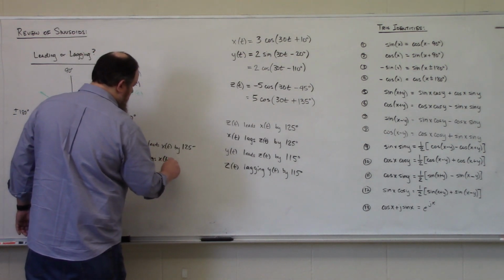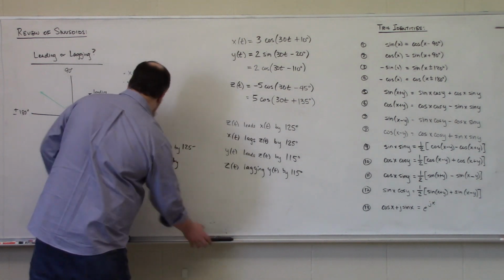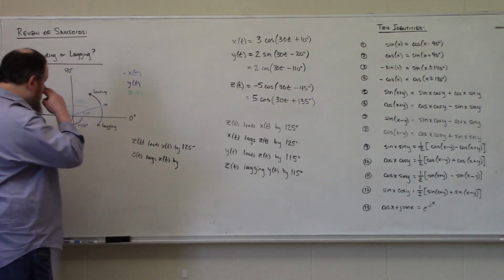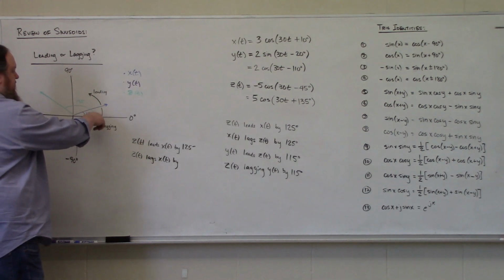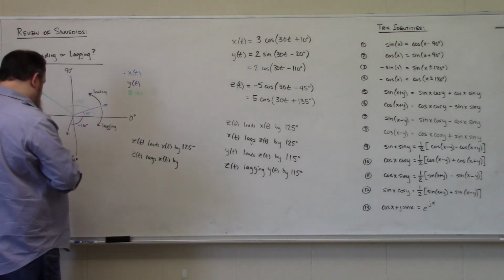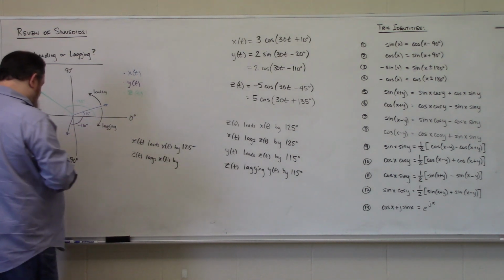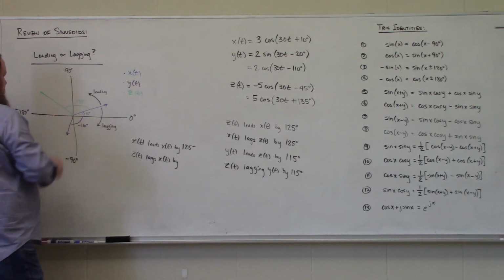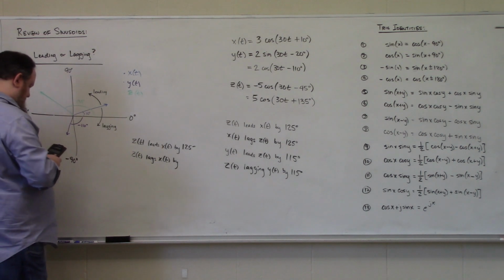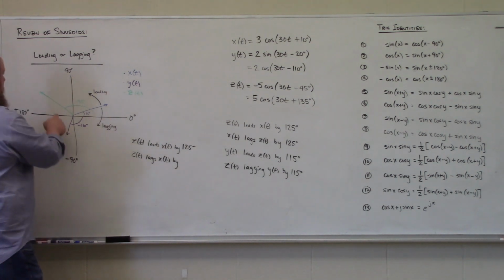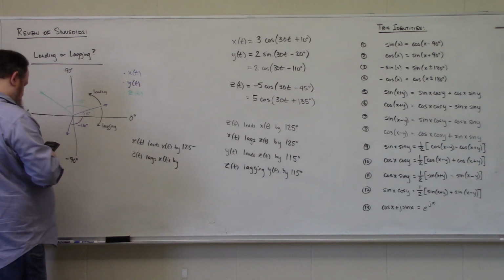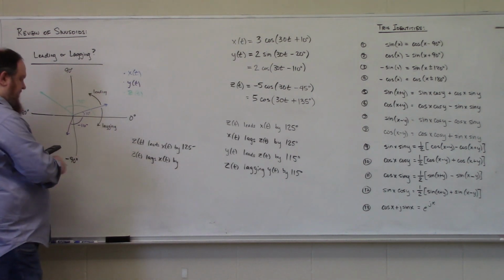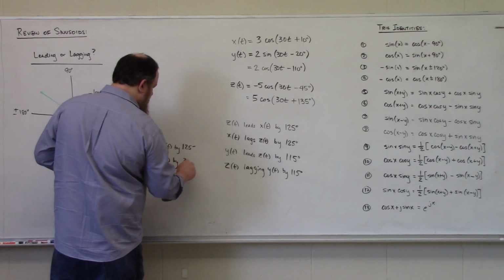or z of t lags x of t by, again, so we're going to start from here. We have 10 degrees to get to our horizontal axis, 180 degrees to get to our negative horizontal axis, and then to that we're going to add this small bit right here, which is 180 minus 135.